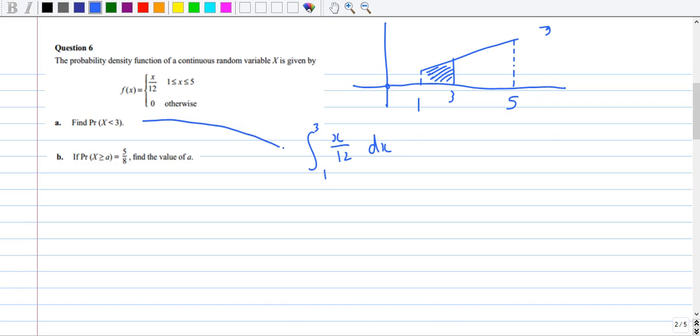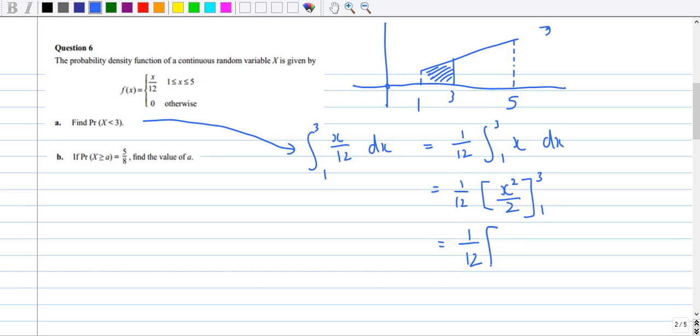If I was going to integrate this, I'd probably bring the 1/12 out the front and just integrate x. I think that'll make it a lot easier for us. So it's 1/12, and the integral of x is x squared on 2, terminals 3 and 1.